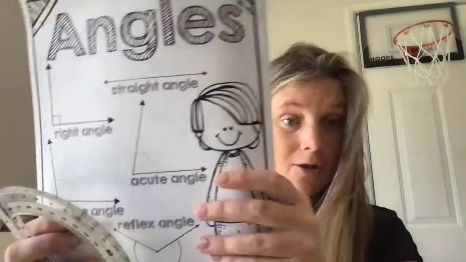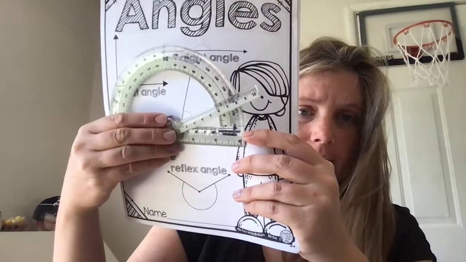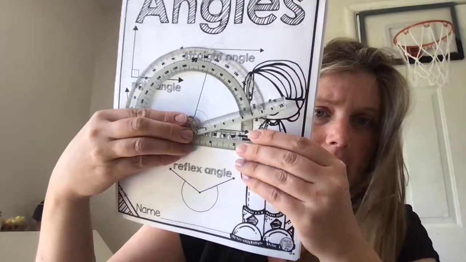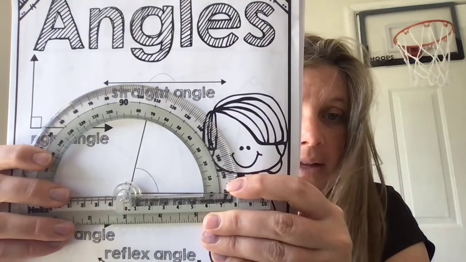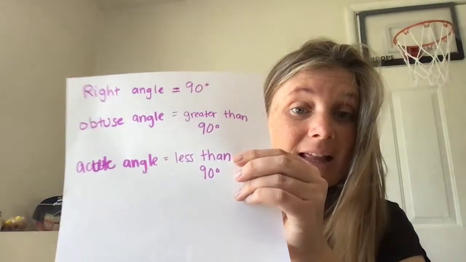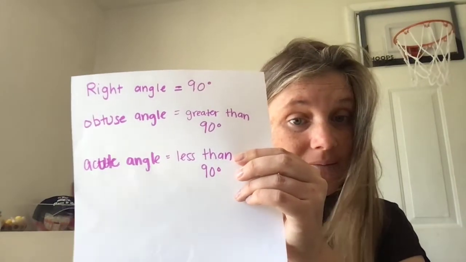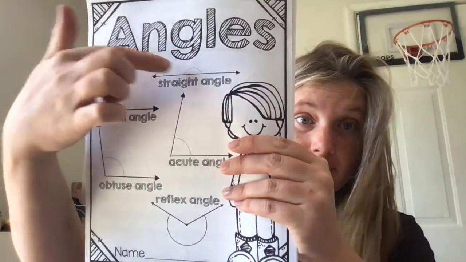Okay? Let's do an acute angle. So we put our protractor in right there. We line it up. Now where is the arrow pointing? Is that less than 90 degrees? So an acute angle is less than 90 degrees. Okay. Now, a straight angle.